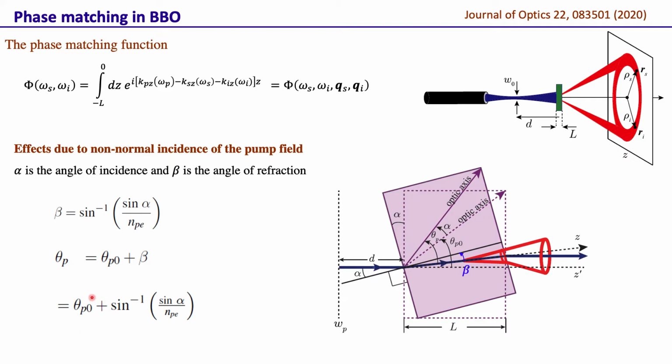So theta p depends on the angle at which the pump is incident onto the crystal. As we rotate the crystal for an incoming pump, we introduce this alpha, and we are changing theta p according to this relation. So this is one way of changing theta p. By just rotating the crystal, we can change theta p, and by changing theta p, we can get closer to the perfect phase matching, or go away from it.